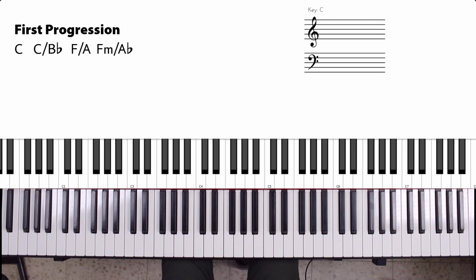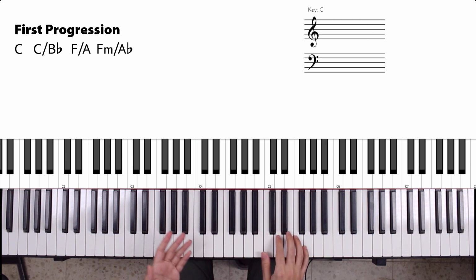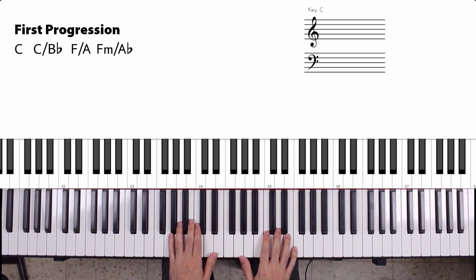The second chord progression I'm going to show you has 8 chords in it, and the chords are the following. All of the progressions, by the way, are in the key of C major, I should point out.